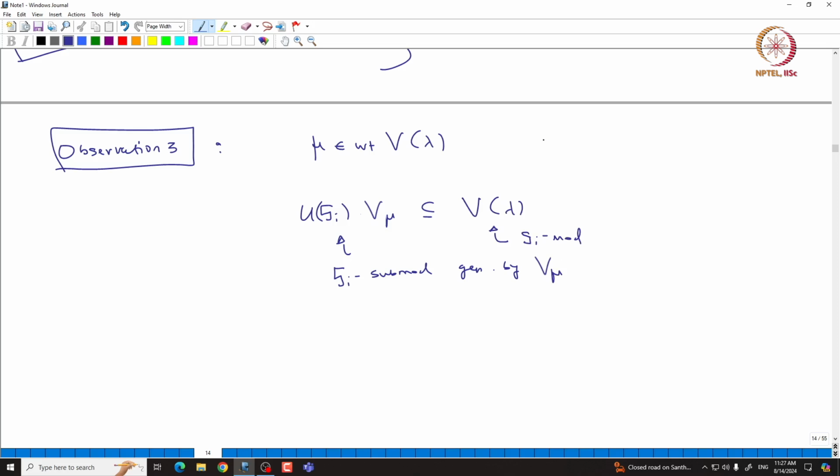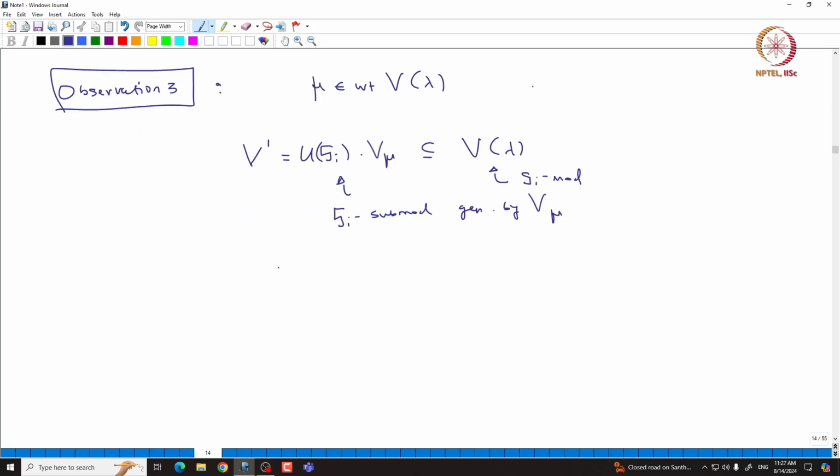Now, what can we say about this module V'? Observe the weights of V'. The weights of V' must be contained in mu plus m alpha_i, where m comes from the integers. This can be proved using the PBW type basis of U(s_i).